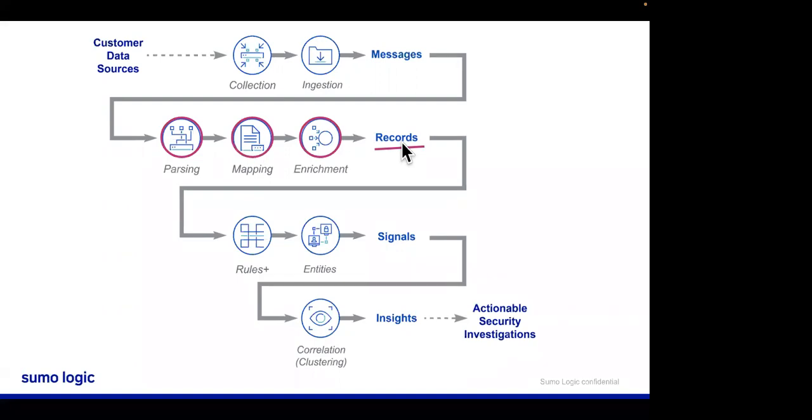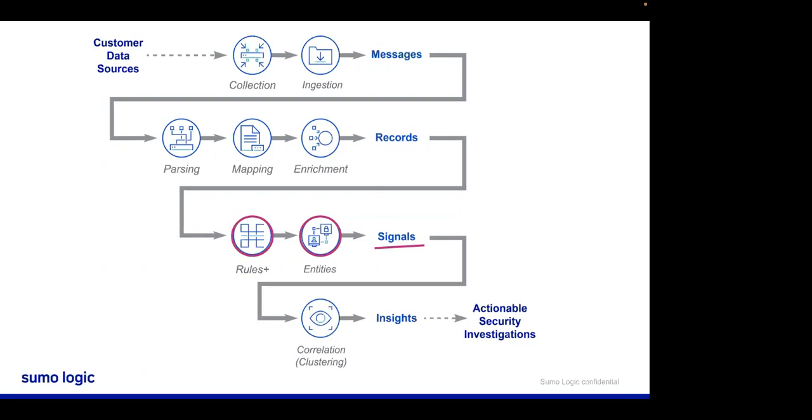And then we're going to take these records and we're going to apply a bunch of rules to them. Now we've got several hundred rules that are based on the MITRE ATT&CK framework. So our Cloud SIEM product is based on the MITRE ATT&CK framework. And you can also create your own custom rules based on things that are going on with your company and things like that.